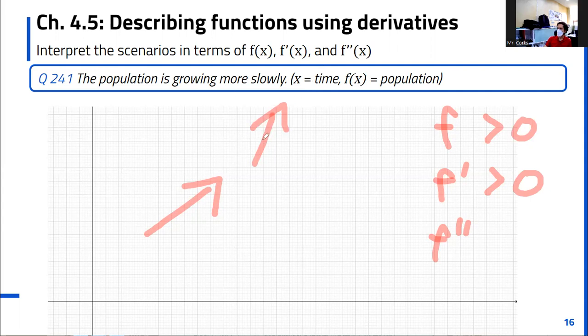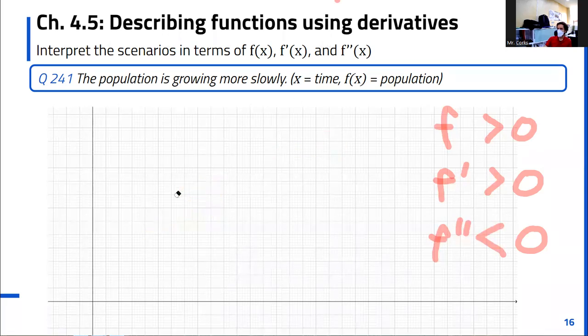But it's growing more slowly. So it's still growing, but the speed at which it is growing is slowing down. So still positive, but not as positive as it was before, not as close to positive infinity. So our second derivative is negative here.